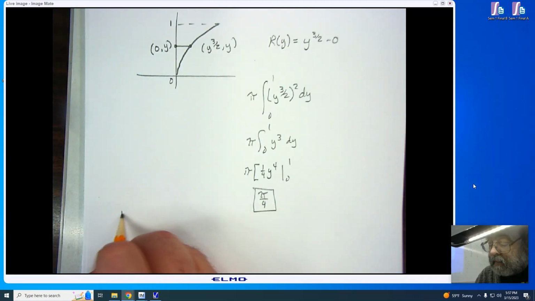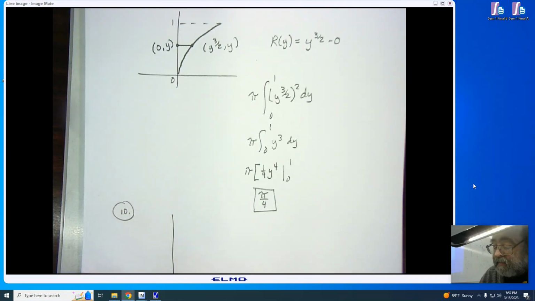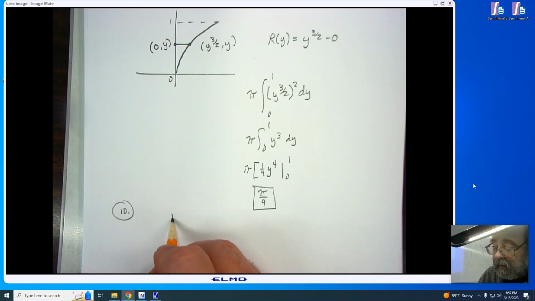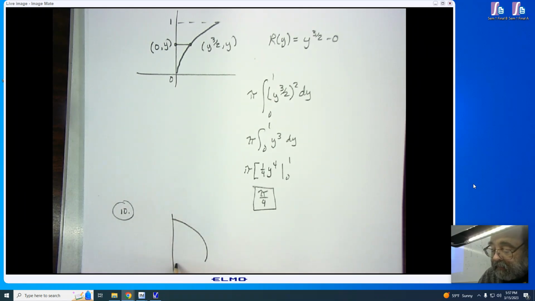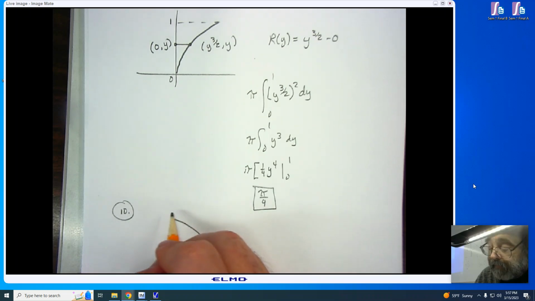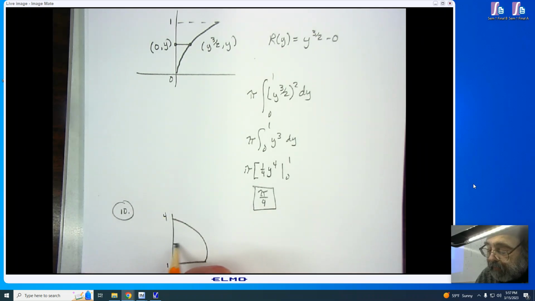Going to number 10. Number 10 gives me a drawing already. Looks like that. We're going from 1 up to 4. Here's my representative rectangle. They've written this as negative y squared plus 4y. So I'm going to go ahead and put it directly into the point, and 0, y.